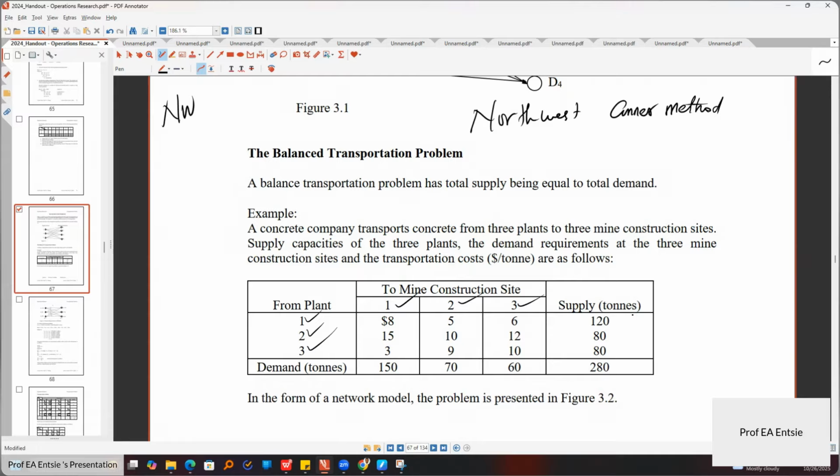Plant two can supply 80 tons, and plant three can supply 80 tons. Construction site one demands 150 tons, site two demands 70 tons, and site three demands 60 tons of concrete. So we would go to the whiteboard as usual.